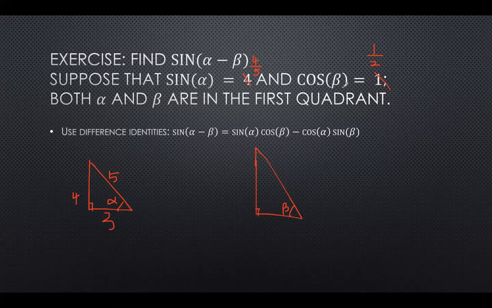If the cosine beta is 1 over 2, that means the adjacent is 1 and the hypotenuse is 2. Again, using the Pythagorean theorem, you can get the third side as radical of 3.